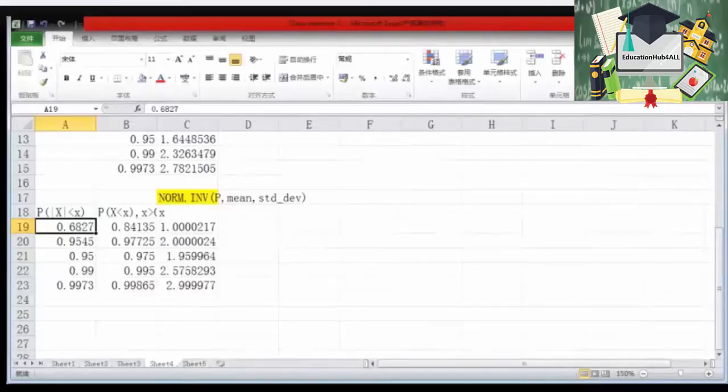Don't consider P. Let's consider the area, the probability. We know everything in the middle is this value.